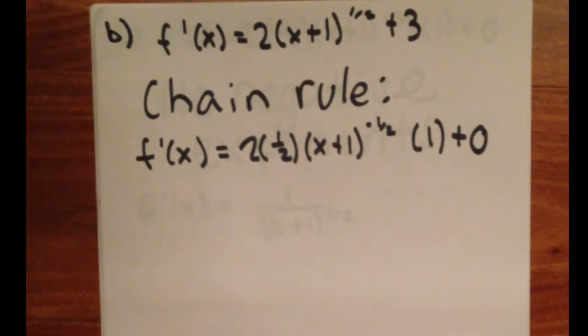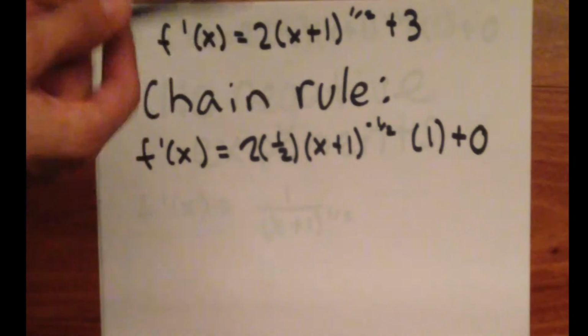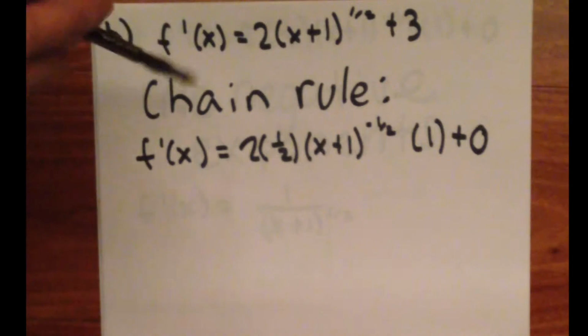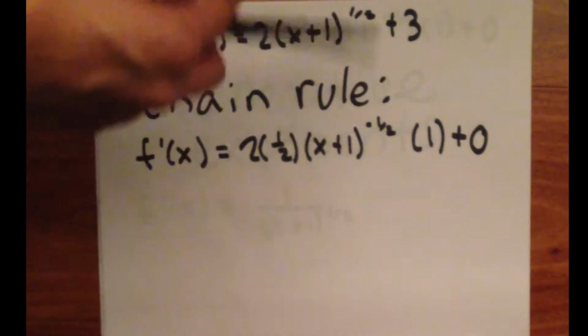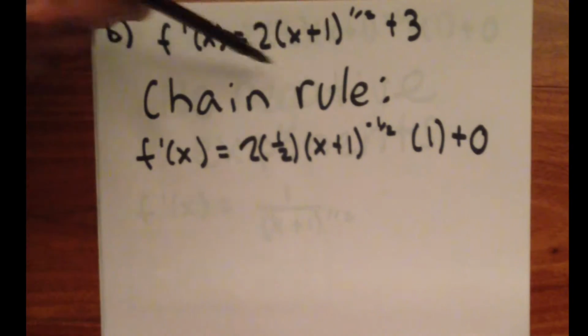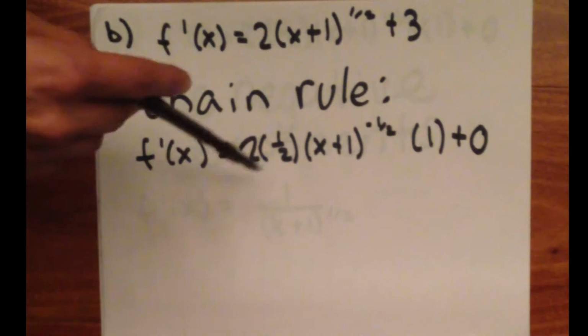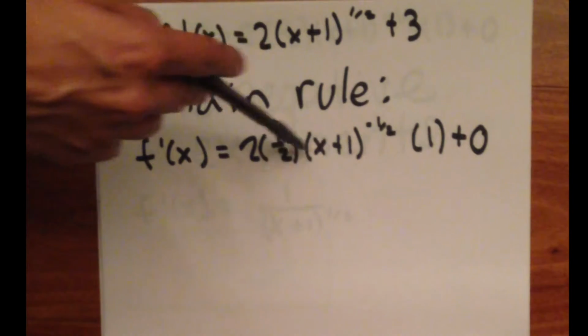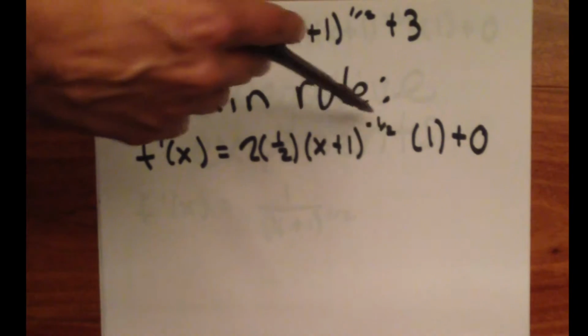Next, we need to keep doing our derivative by using the chain rule. So the chain rule consists of getting this 1/2 down here. So we'll have 2 times 1/2 times (x plus 1) exponent minus 1/2.